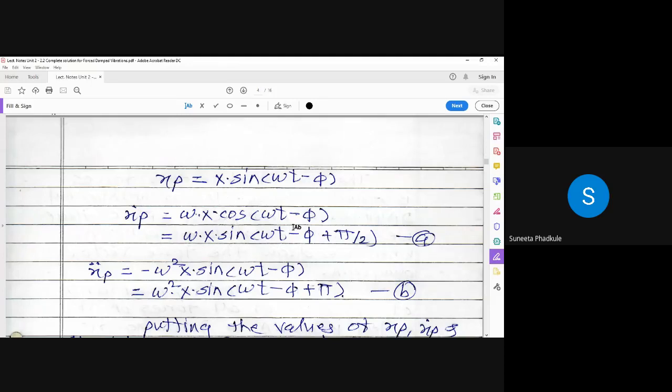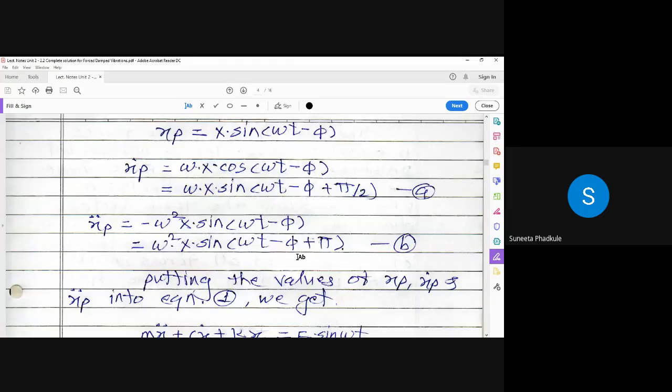Now I want to write this cos in terms of sine. Why? I will tell you later on. What is the relation between sine and cos? If you add a 90 degree angle to the cos, you will get the sine term. So I have written omega X sine of omega t minus phi plus pi by 2. Understood? Now differentiate this equation again.